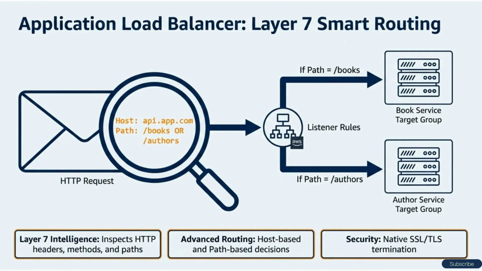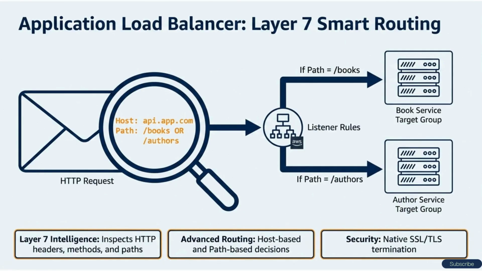Let's start with Application Load Balancer. ALB works at layer 7. Because it understands HTTP requests, it can make routing decisions based on URL paths, host names, query parameters, HTTP headers. For example, a request to app.company.com/books can be routed to book service, while app.company.com/authors can be routed to author service.